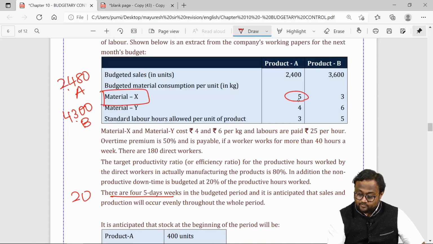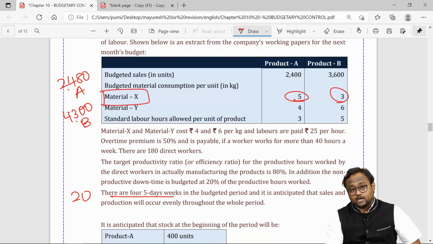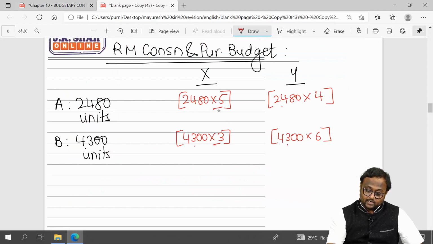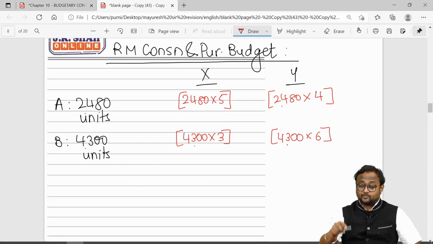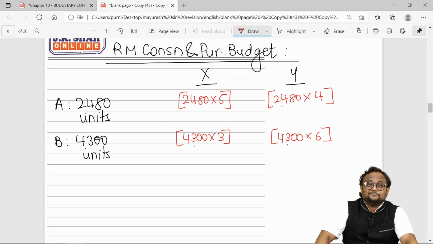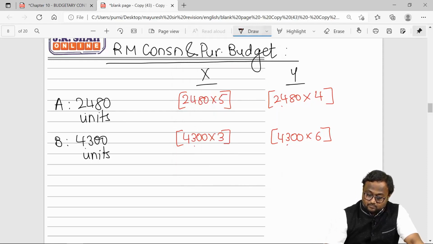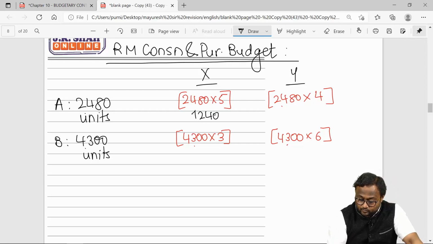Material X, 5 and 3 for A and B, and similarly for Y it can be recorded. So either you focus on material and complete the whole thing, or you focus on finished goods and complete the whole thing. Again, you can put that 2480 as a constant multiplier into 5, 12,400, into 4, 9920.